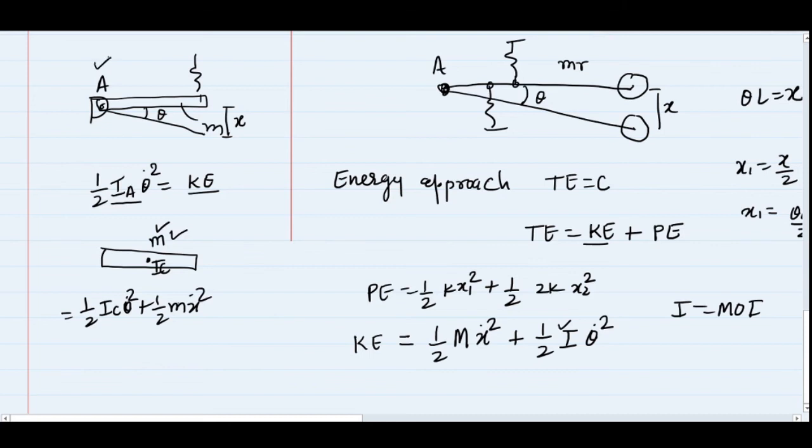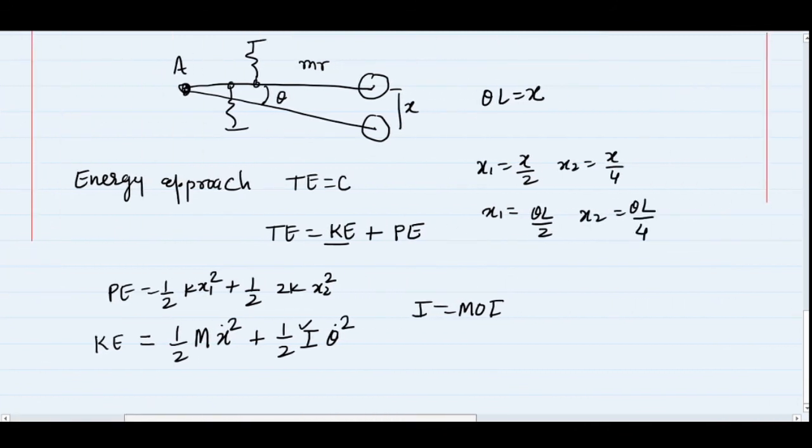So the general approach is that whenever you have a problem where you are rotating a rod and you want to write the kinetic energy of your system, simply consider half I theta dot square, where I is the moment of inertia about the point of rotation. Here it will be about point A, and we know that the moment of inertia of the rod about its centroid is m l square by 12, but we want it at point A, so we apply the parallel axis theorem.